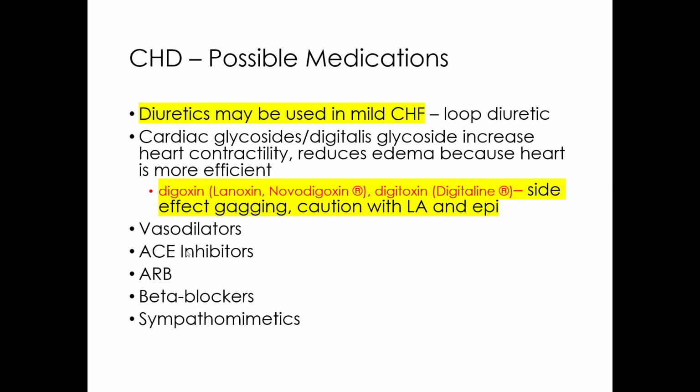Other drugs that they might possibly be taking if they have congestive heart failure: vasodilators, ACE inhibitors, ARBs, which are another high blood pressure medication, and beta blockers, or any kind of sympathomimetic drug, which is an adrenergic agonist.